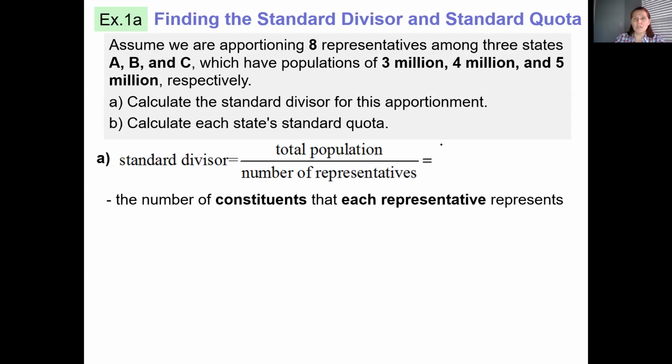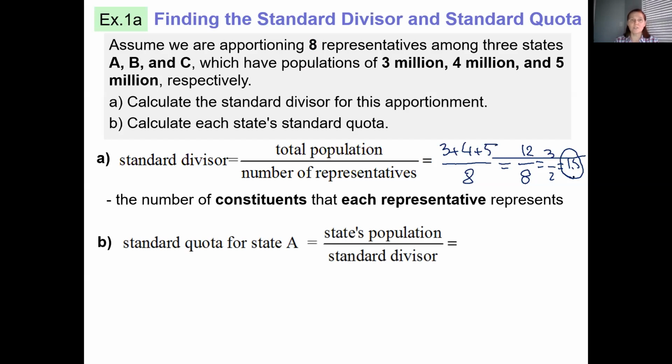So the total is 3 million plus 4 million plus 5 million, divided by 8. 4 plus 3 plus 5 is 12. 12 divided by 8. We can simplify this fraction by dividing numerator and denominator by 4. It will be 3 over 2 or 1.5.